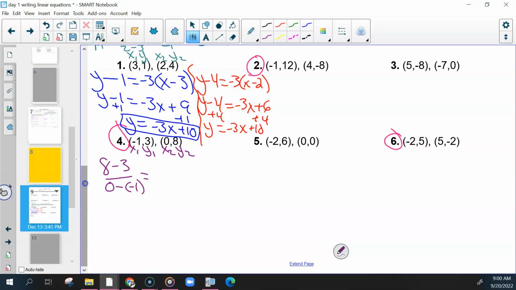So our slope here would be what? What would that slope be? Five. 5 over 1, which would just be 5.